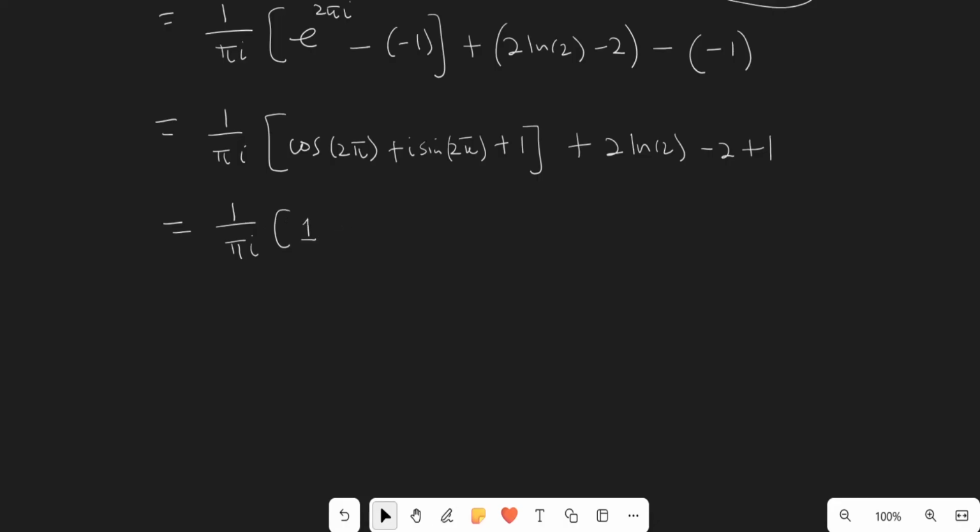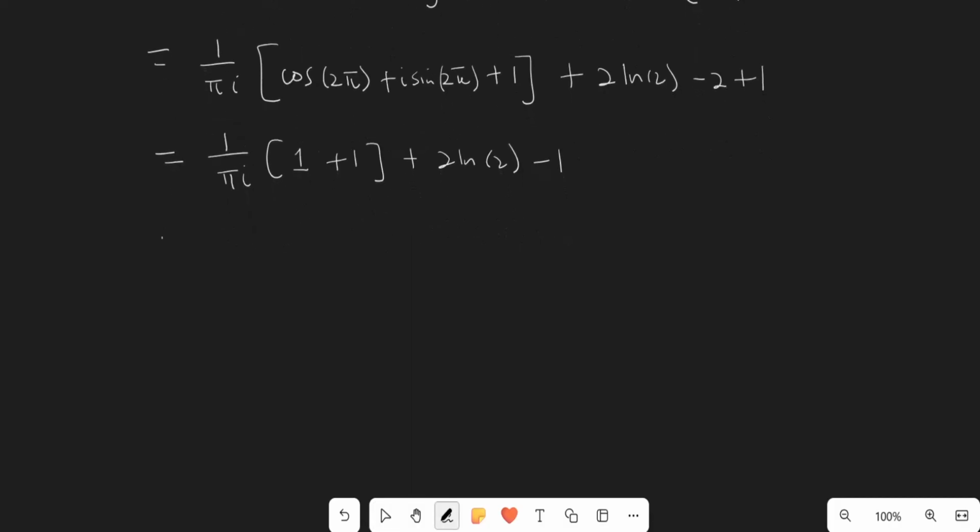Sine of 2 pi is 0. So in the end, you have 1 plus 1 here, and then plus 2 ln of 2 minus 1. So we have 2 over pi i plus 2 ln of 2 minus 1.